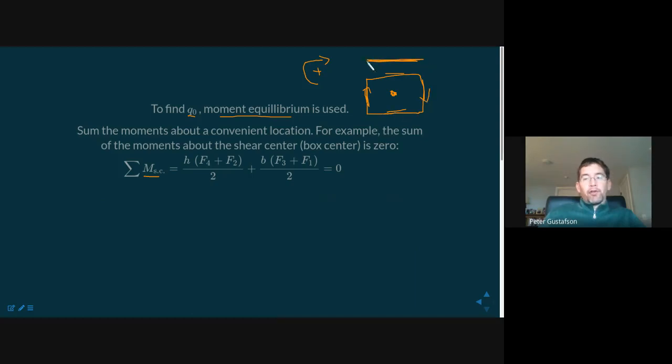The total distance is b, so b over 2 is their moment arm. So F1 plus F3 times b over 2, plus F2 plus F4 times h over 2. Their moment arm there is h over 2. The sum of all of those, since the actual shear was through this shear center, has to be equal to 0.